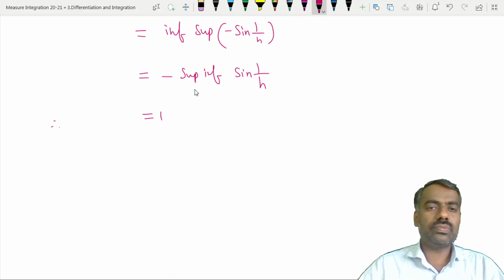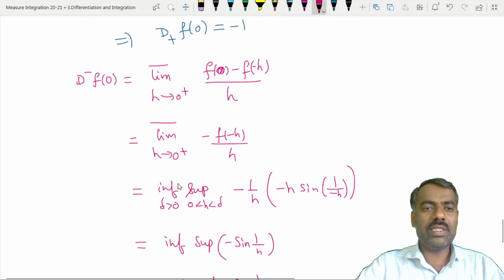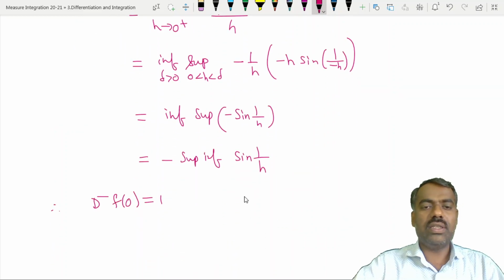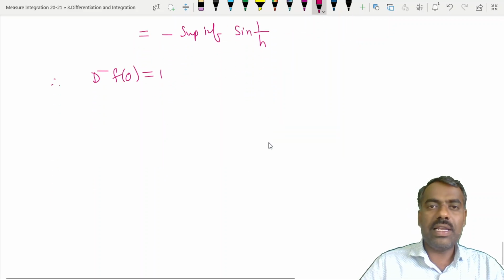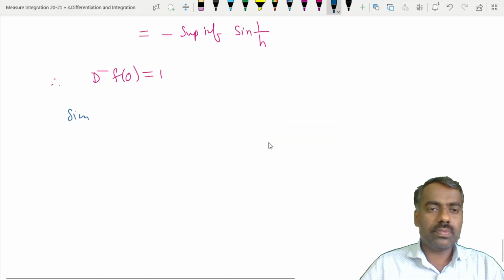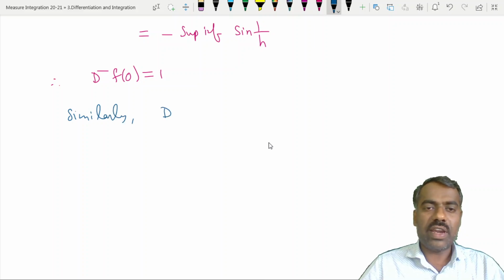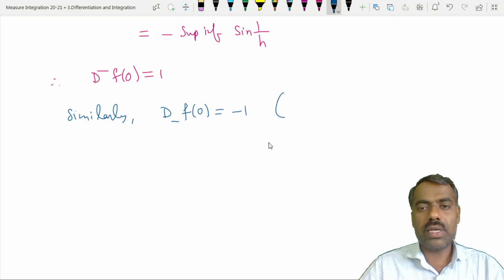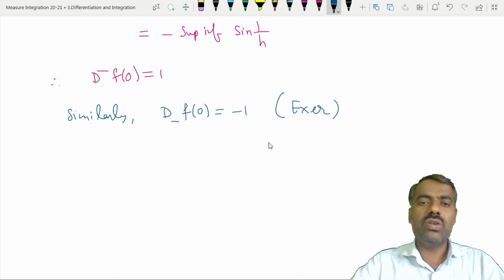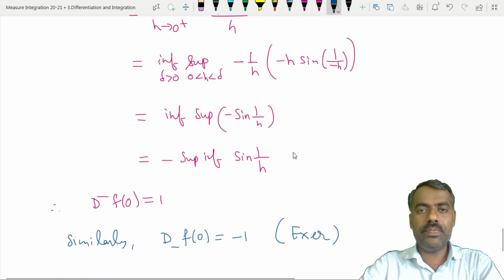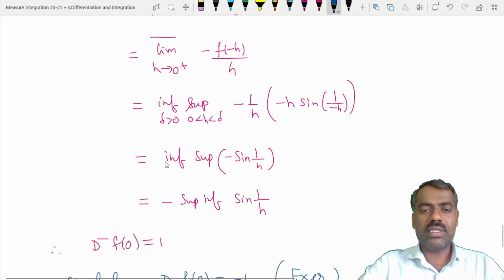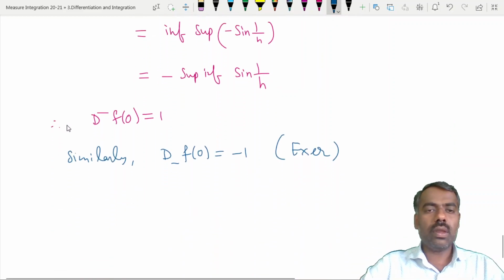Therefore D minus f of 0 is equal to 1, right? Similarly we can find the other one, D minus f of 0, which is minus 1. I'll leave it as an exercise to show this. Basically, because of this minus, this lim sup will become lim inf.